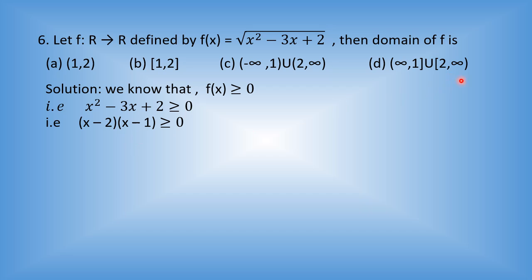Therefore, x greater than or equal to 2 means 2 up to infinity, and x less than or equal to 1 means minus infinity to 1, including 1 and 2. Therefore, the answer for this is option.